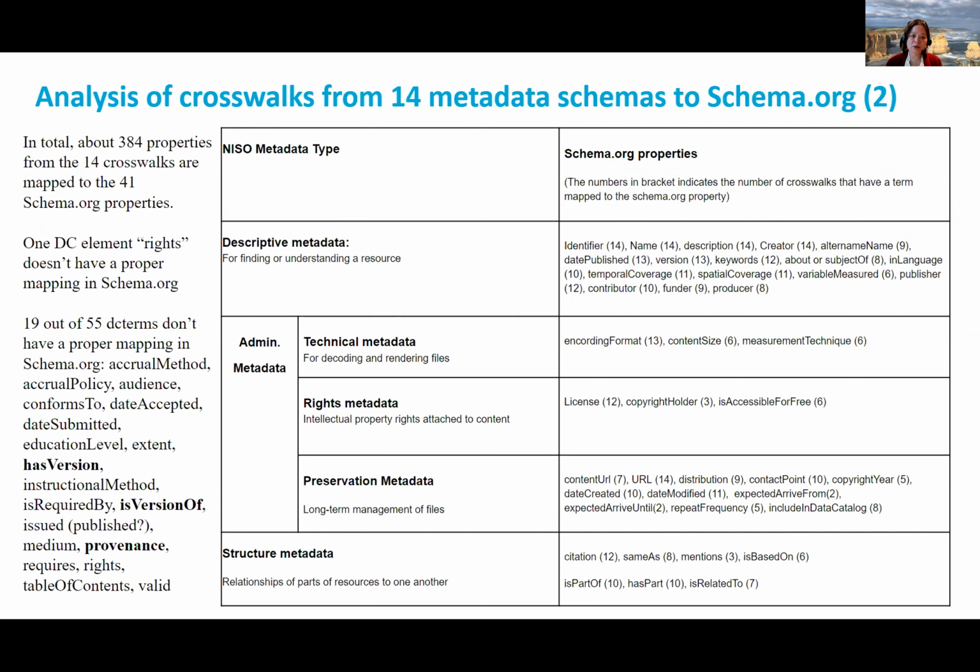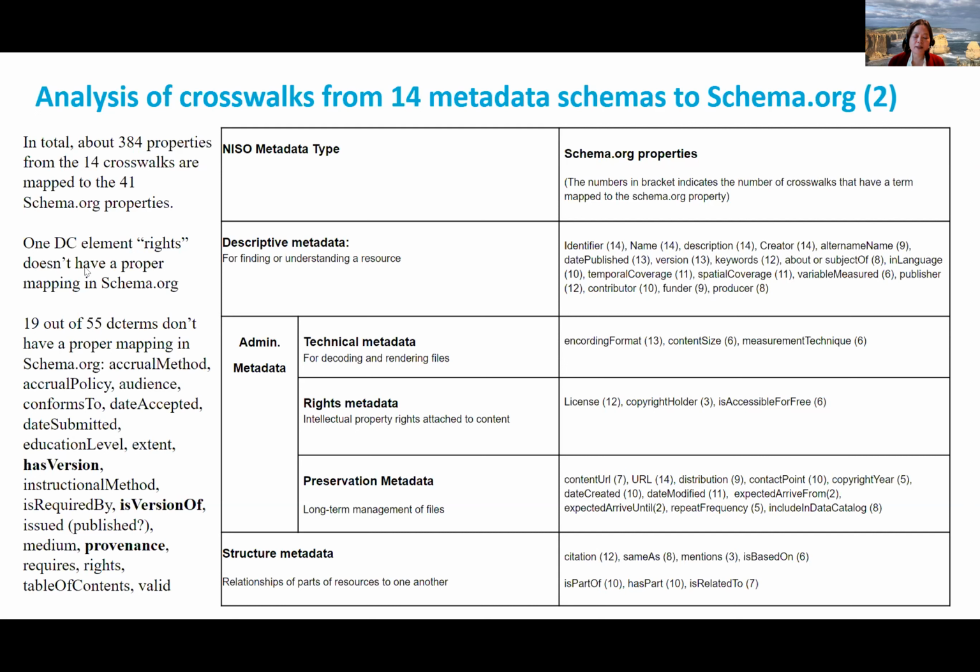So in total, there are about 380 properties from 14 crosswalks that are mapped to 41 schema.org properties. We classify these 41 properties by using the NISO metadata types.